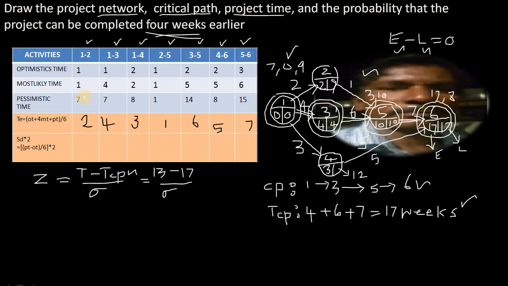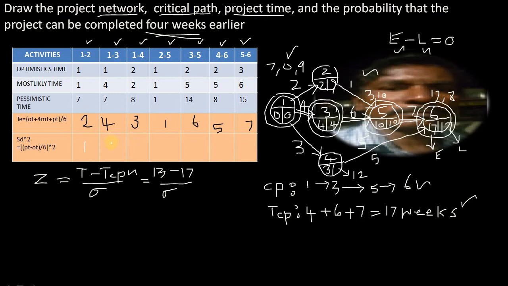Pessimistic time 7 minus optimistic time 1 is 6. 6 divided by 6 is 1, and its whole square is 1.